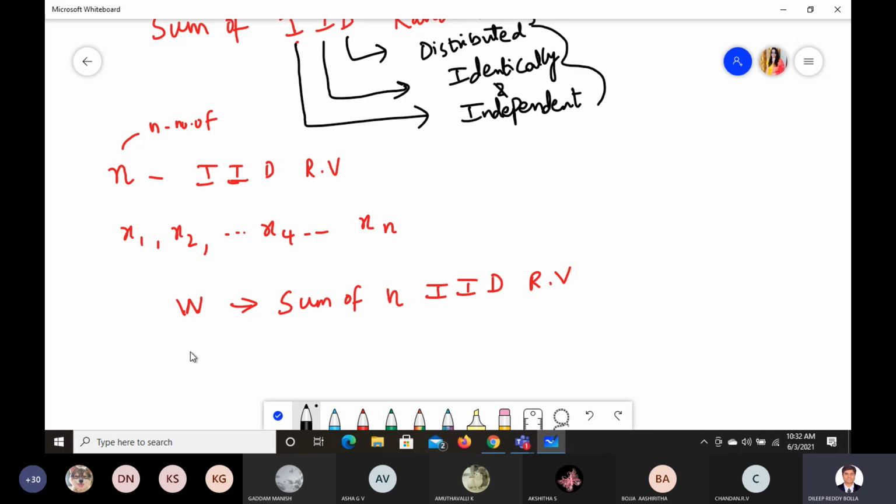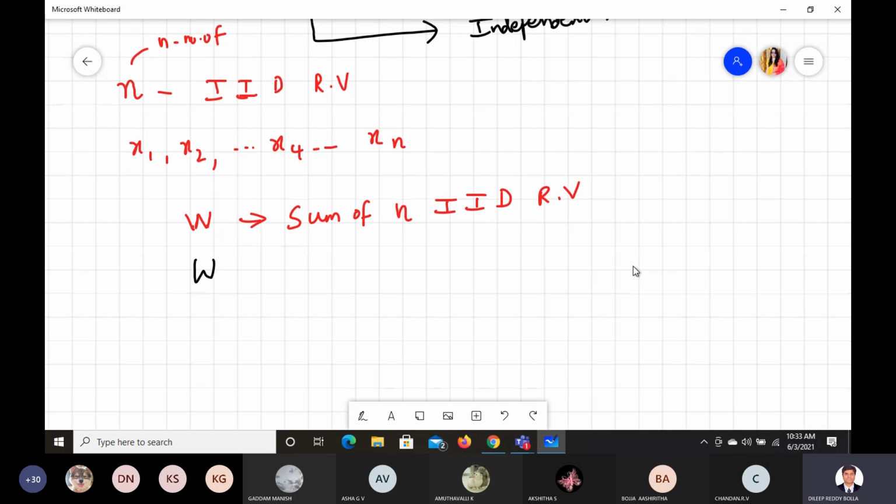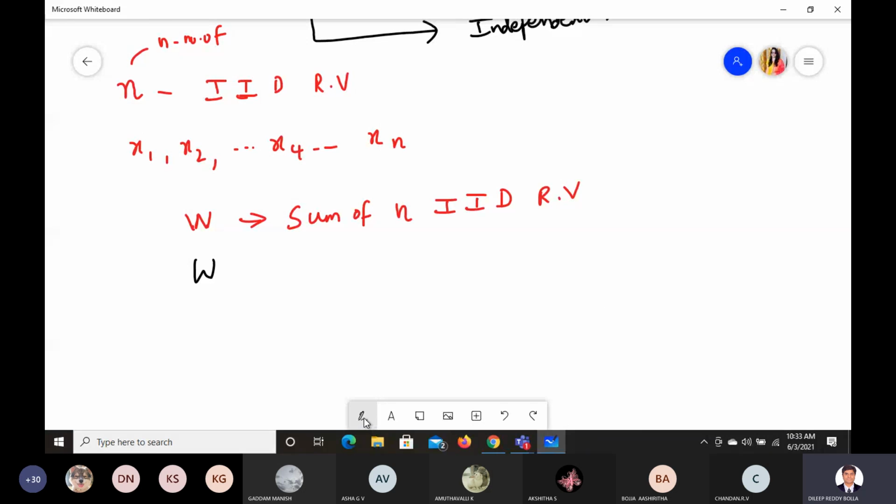Now, how to write this w? It is difficult to write every time. We cannot write x1 plus x2 plus x3 plus x4 plus x5 plus x6 plus xn. But how to write that professionally in mathematics? How to write this wn? When you have some things to add, what do we use? x1 plus x2 plus and so on, this way also we can write.